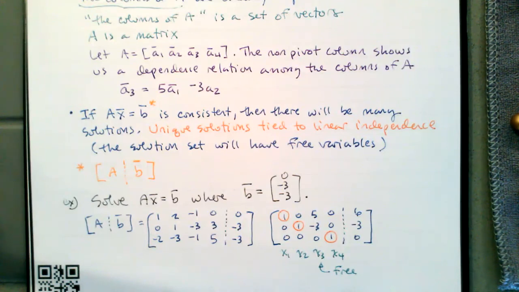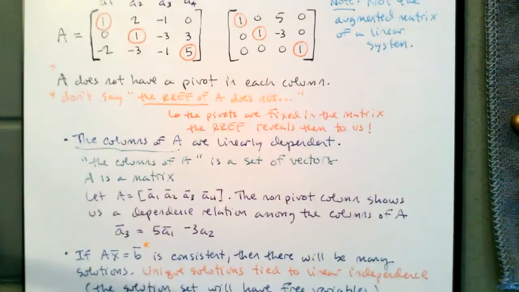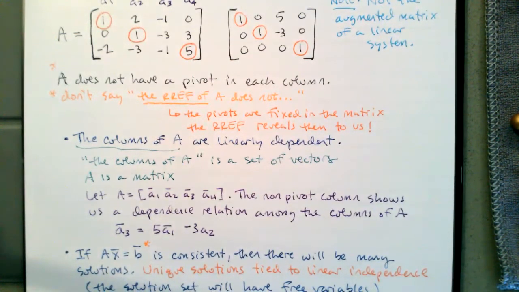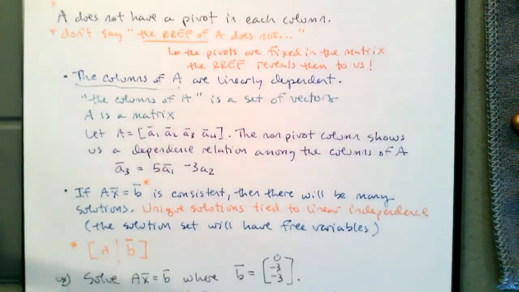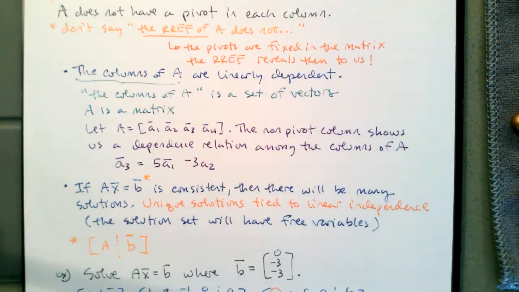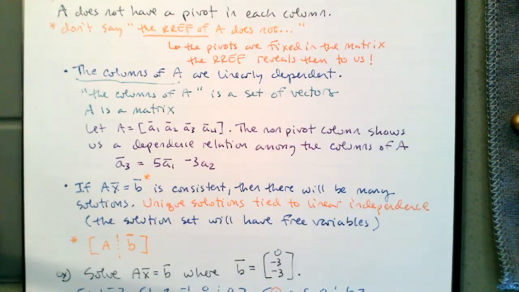Here are the column questions. A does not have a pivot in every column. So the columns of A are linearly dependent, and there will be many solutions. If there are any solutions, there will be many solutions.